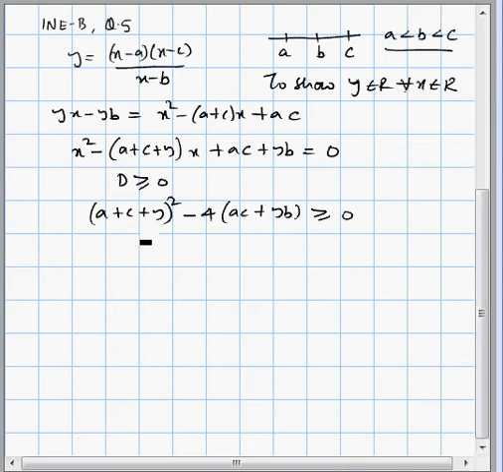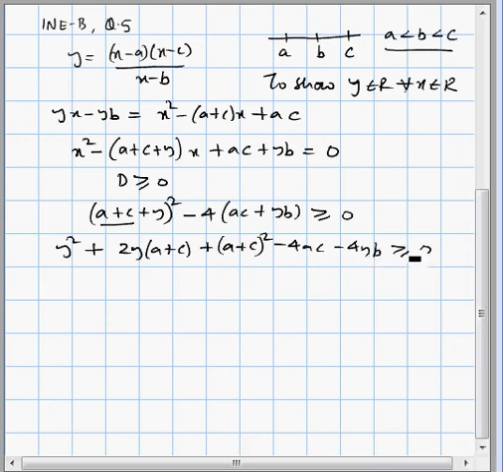We get y square, and then we have 2y into (a plus c), I'm taking a plus c as one unit, plus (a plus c) whole square minus 4ac minus 4yb greater than or equal to 0.